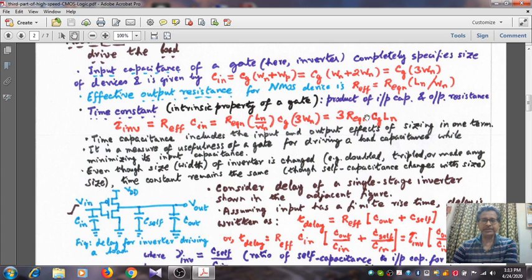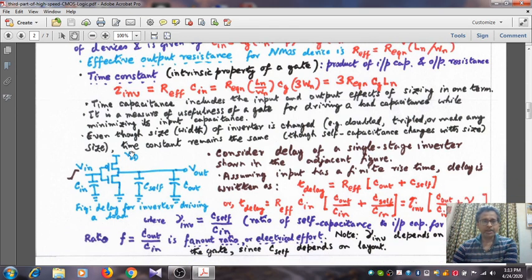R equivalent is 12.5 kilo ohm per square, Cg is 2 femtofarad per micrometer, and Ln is the channel length. It is fixed by the fabrication process we are considering. So all these things are constant, and for an inverter, the time constant will remain the same.